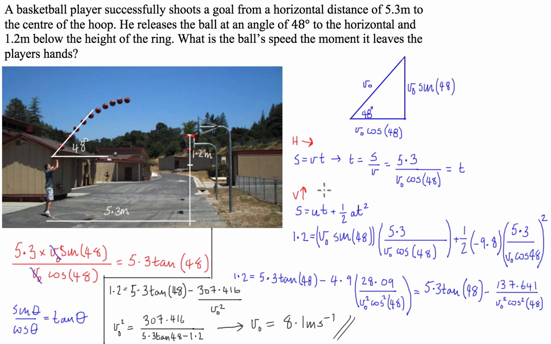We then sub in the t that we get from the horizontal relationship, and once you've subbed in t, it's just an algebra exercise to solve. So I would have a go at practicing this. The steps for any projectile motion question like this are basically exactly the same.